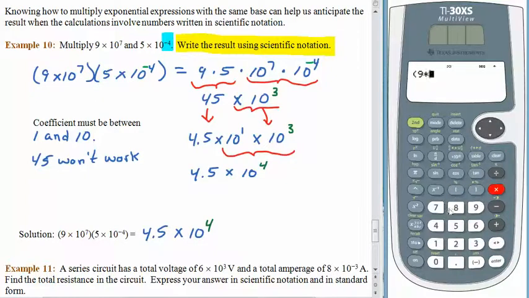I'm so flustered. Let's see. 9 times 10 raised to the 7th power multiplied by 5 times 10 raised to the -4th power. Come out of the exponent, close the parentheses.